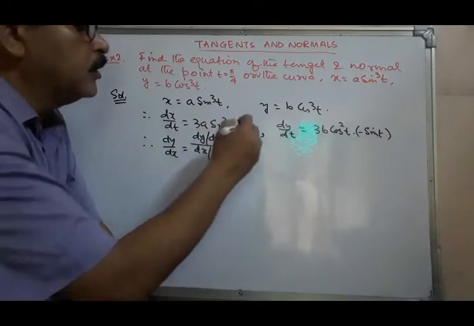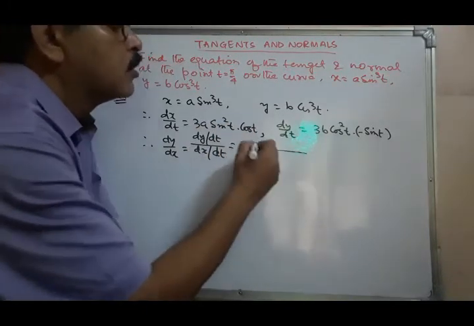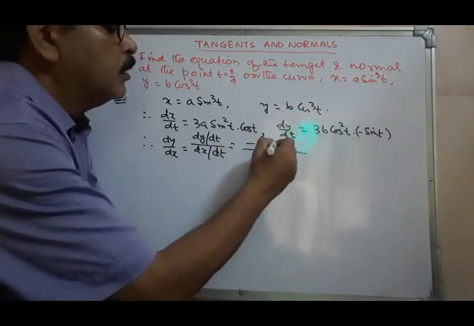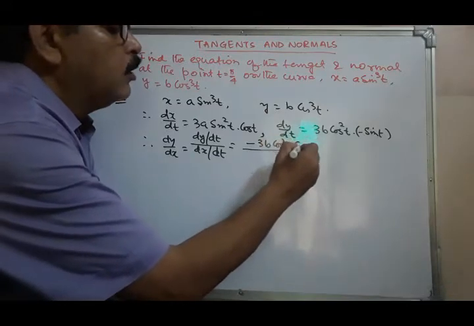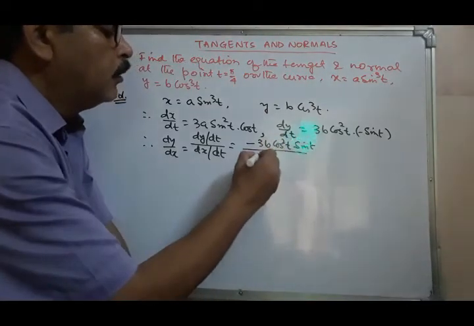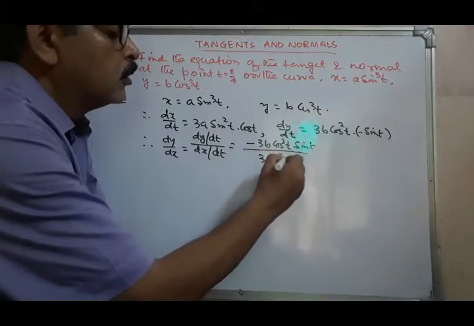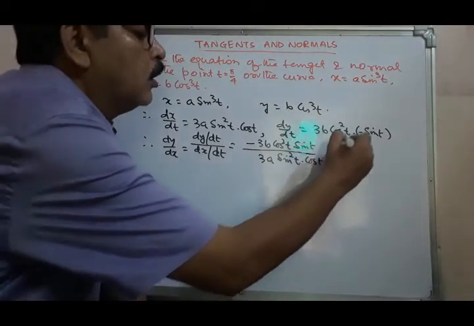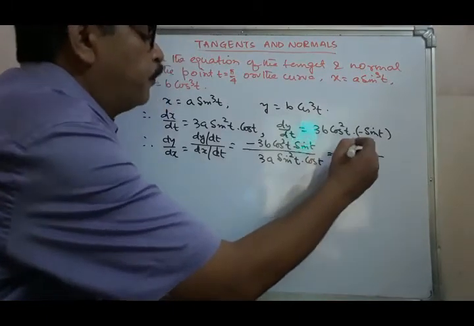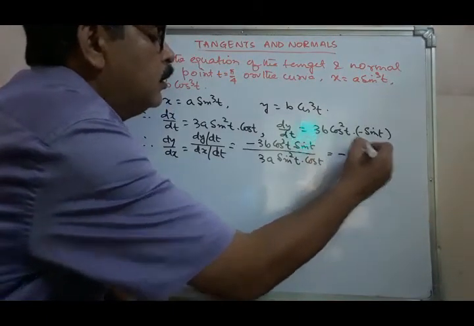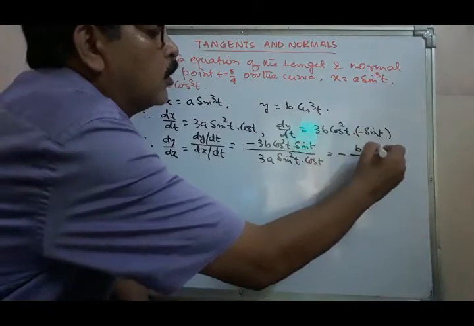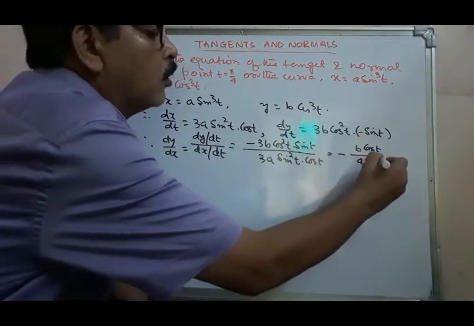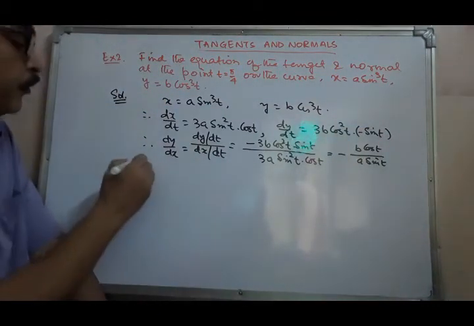Therefore, dy/dx equal to dy/dt divided by dx/dt. So it becomes minus 3b cos square t into sin t divided by 3a sin square t into cos t. Therefore, minus b cos t by a sin t.